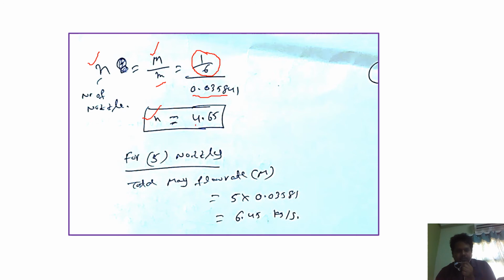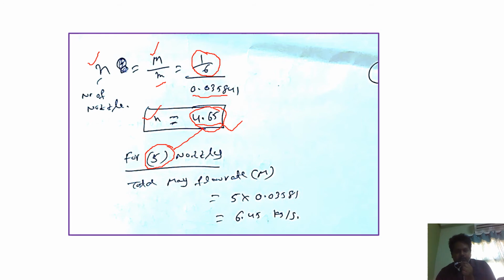The n value is 4.65, which means the number of nozzles is 4.65, but generally we don't have 4.65 nozzles. We have only either 3 nozzles, 4 nozzles, 5 nozzles, like that. So we round up this value and take it as 5 nozzles.